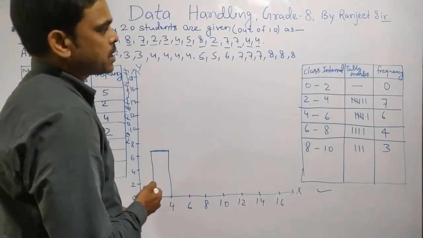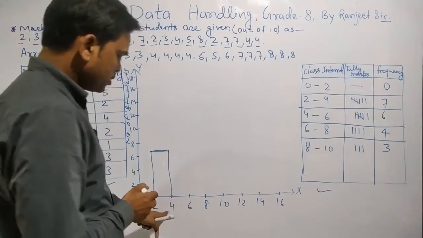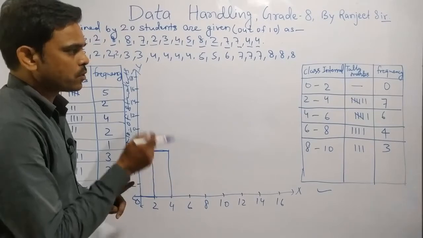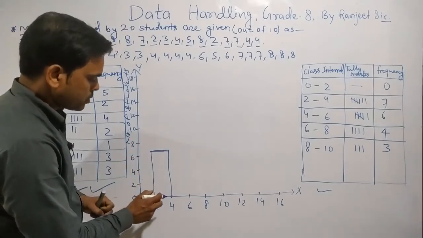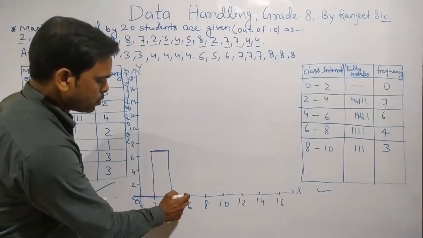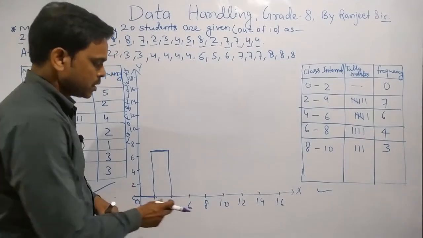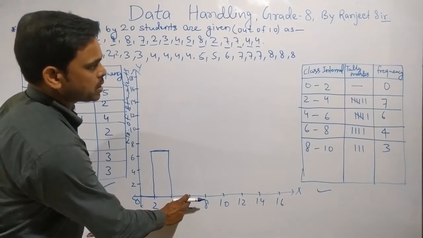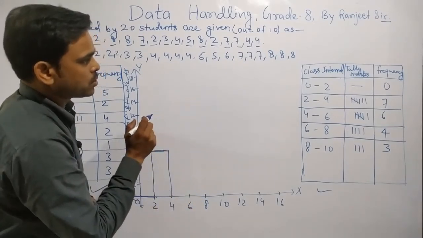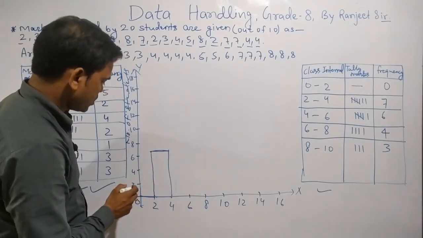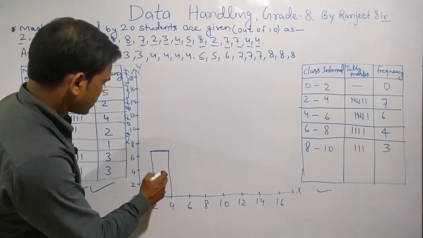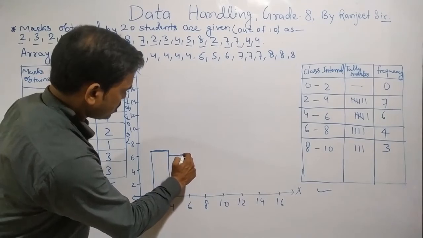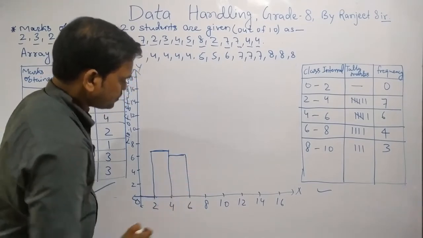The next is 4 to 6. Once you start thinking to represent 6 for 4 to 6, it will be just close to 2 to 4. You will have to use this, and this when you use it, 4 to 6, it is 6 students. So 4 to 6, 6 are there. So it will be exactly close to this bar.